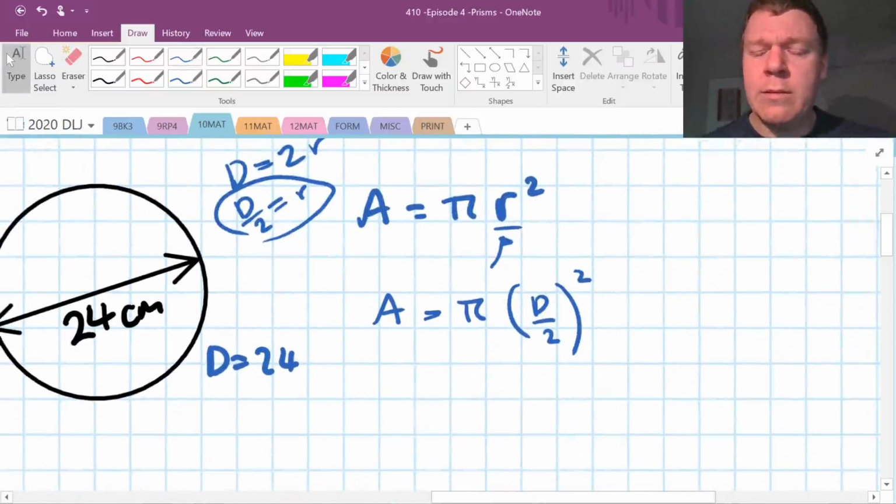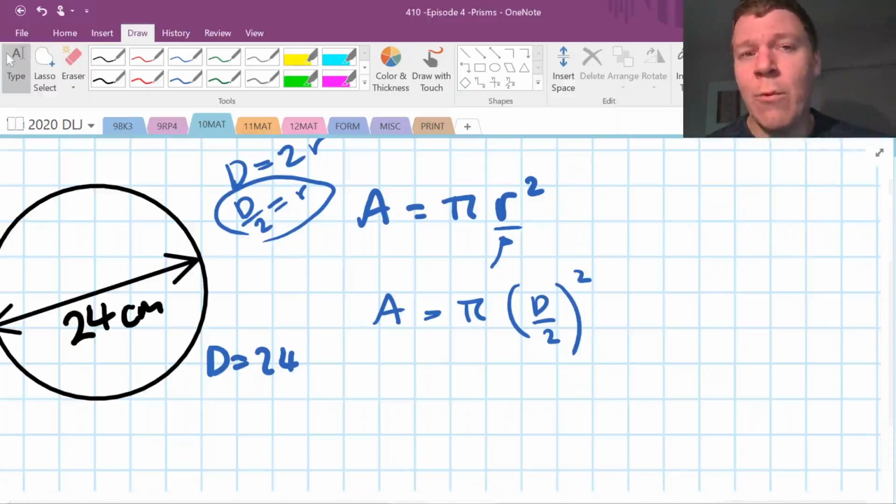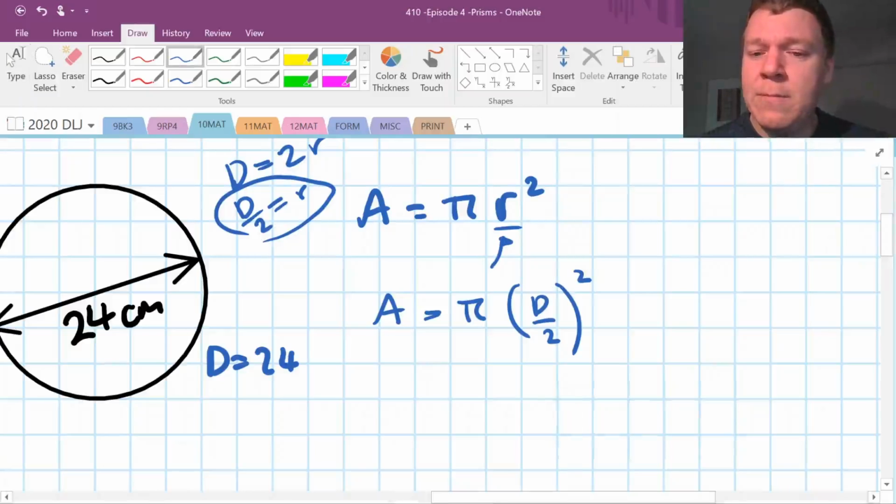All right. Now, you might remember back to our indices. This is why I wanted to do this, because when we had our indices, everything inside this bracket gets squared.